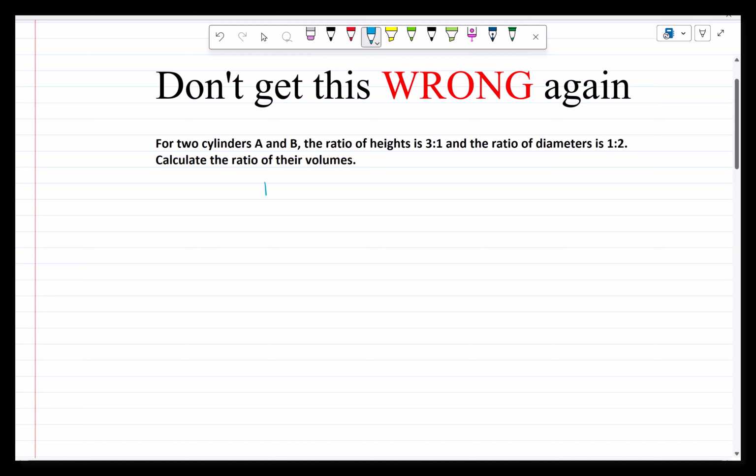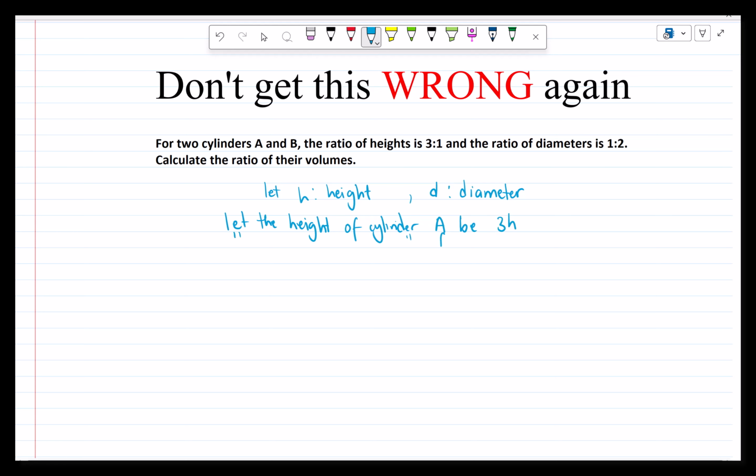We are going to let the height be denoted by h, and the diameter be denoted by d. Because we're told that for two cylinders A and B, the ratio of heights is 3:1, we're going to let the height of cylinder A be 3h, and the height of cylinder B be h. Then we're told that the ratio of diameters is 1:2.